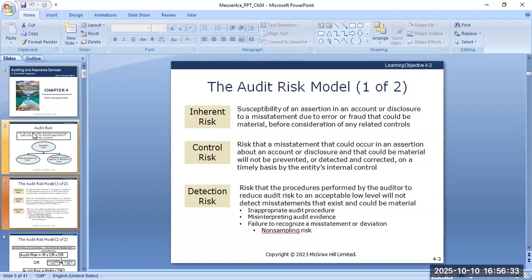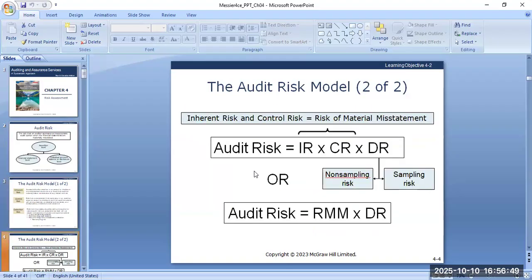The first one is called inherent risk. The second one is the control risk. And the last one is the detection risk. The formula for the audit risk is simply: audit risk equals inherent risk times control risk times detection risk.